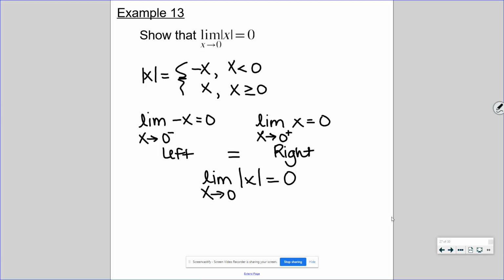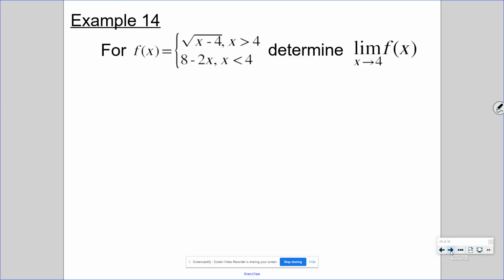Okay, so let's do one more actually like that, and then I'll review the summary page. So here's another example. This is a piecewise function, and I want you to tell me the limit as x approaches 4. Well, since it's two different pieces, we're going to have to look at the limit as I'm coming from the left, and we're going to have to look at the limit as I'm coming from the right.